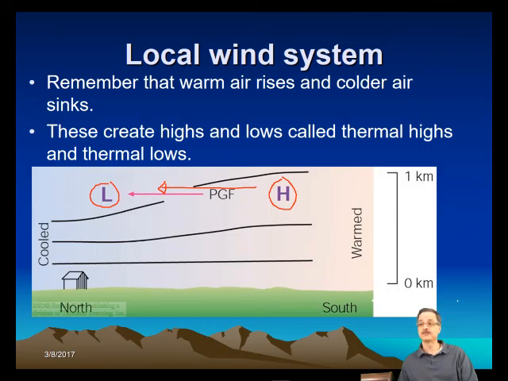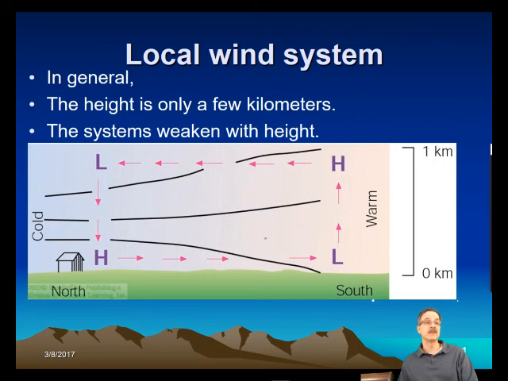Over time, the air coming into the low has got to go somewhere. It can't go up because it would run into a region of the atmosphere that's not going to let it go up. The only place it can go is down, so it flows down, and this causes a surface high there.